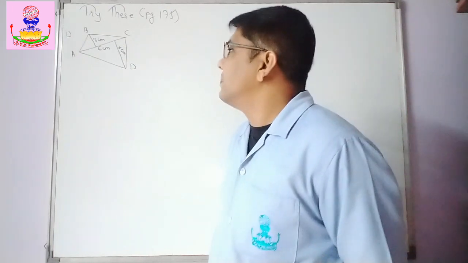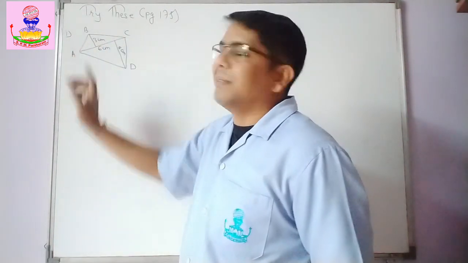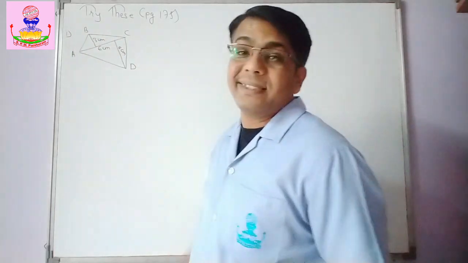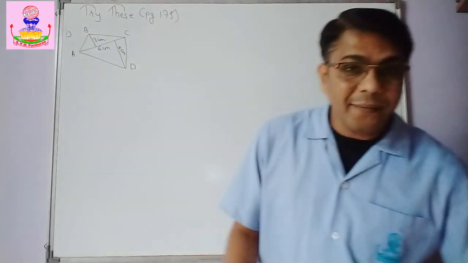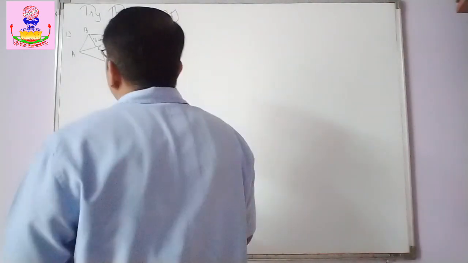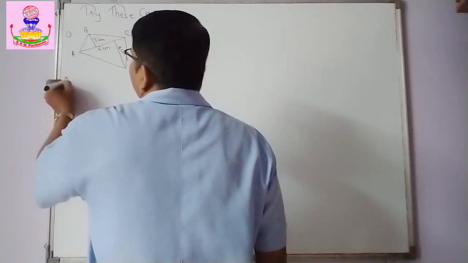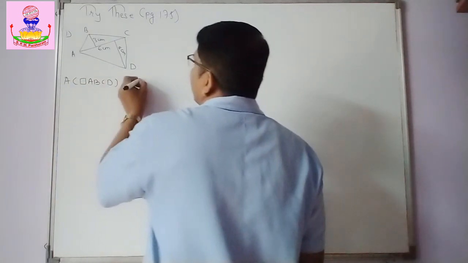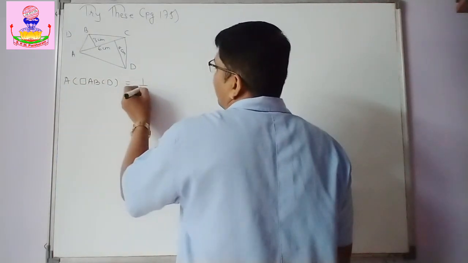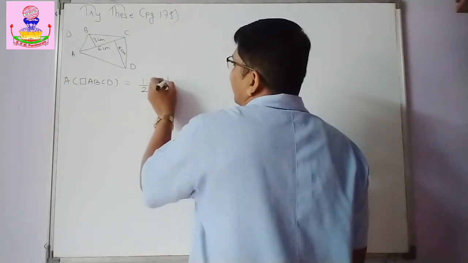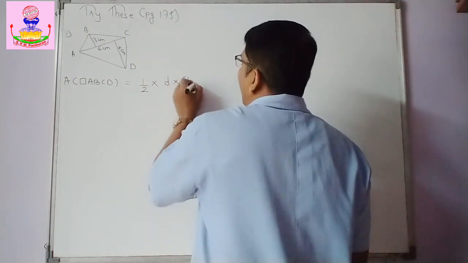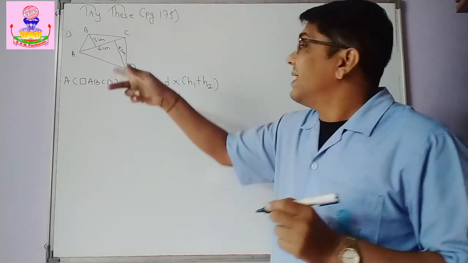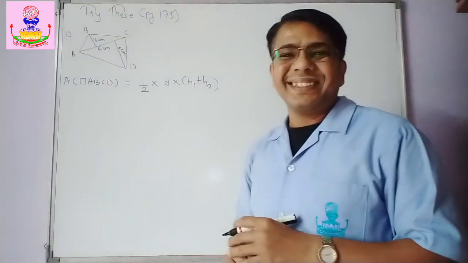Now if you see here, this diagonal is given and this height is given. So how to find area? Yes. Area of quadrilateral ABCD equals to half into d into h1 plus h2. Diagonal is given and the two heights are given.